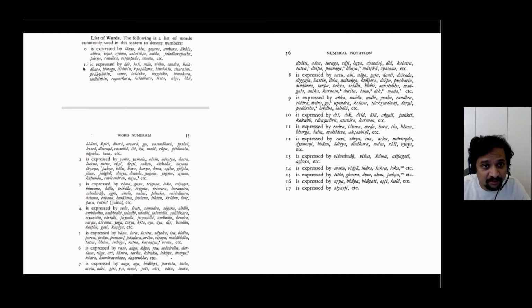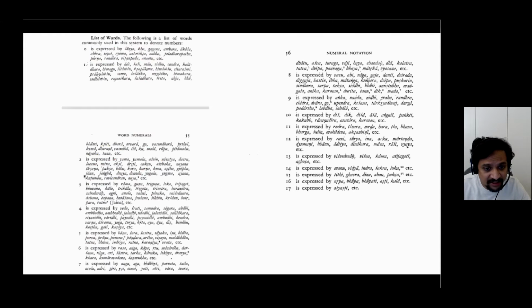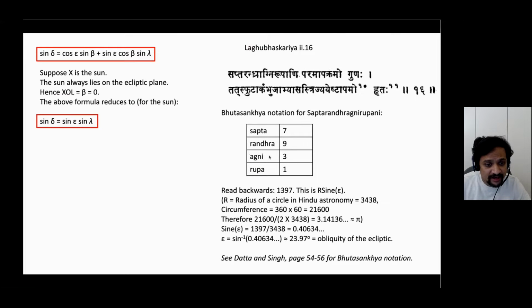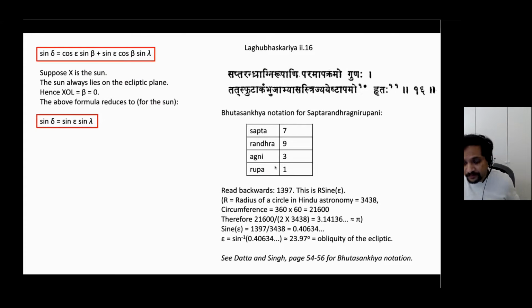The number 1, for example, is represented by all these words, and one of the words is Rupa here, you see. So rupa in this case is used for 1. Then for the number 3, one of the words used is agni. And for 9, one of the words used is randhra, which is also what is used here.